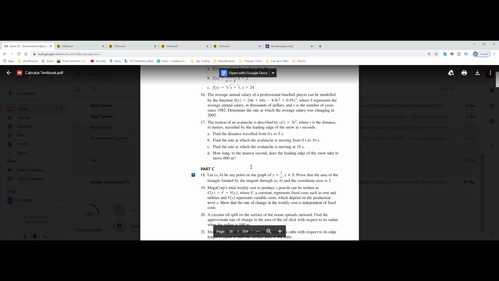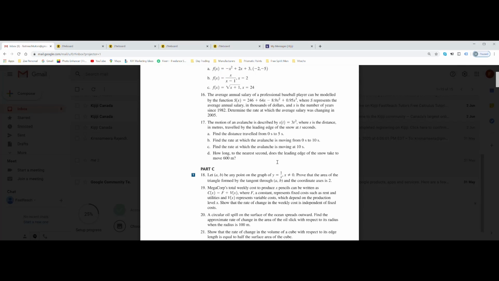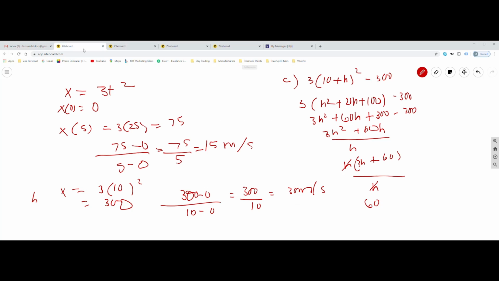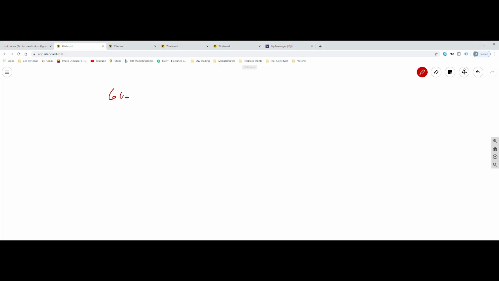And here it says, how long to the nearest second does the leading edge of snow take to move 600? So you have 600 equals 3t squared. So 600 divided by 3 equals t squared.